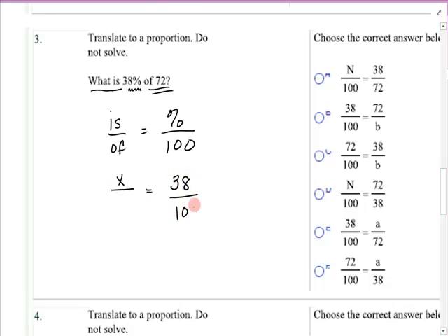It's always over 100. Of 72, the of number is on the bottom. I'm looking for which ones have a 38 over 100, and equals some letter over 72. This one has A over 72. That one's reversed. It is choice E.